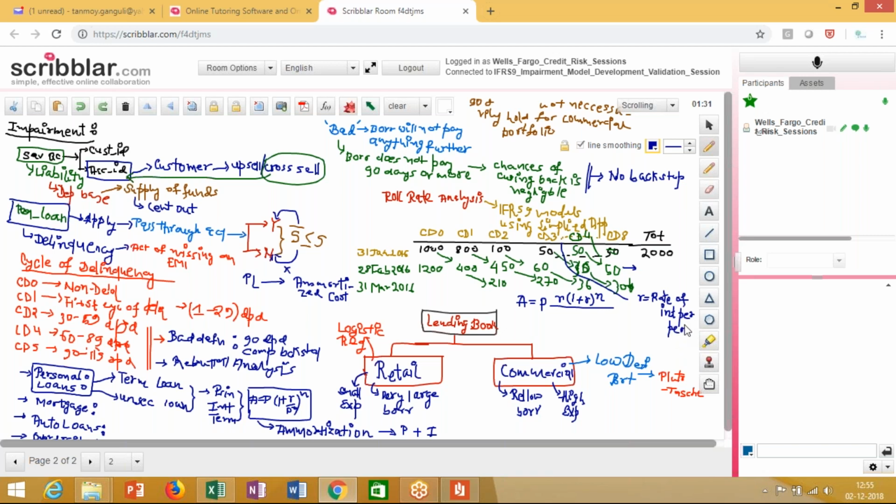Let's say there is a rate of interest of 10% on the loan, right? Now, this is being paid over 12 months. So every month you are paying an EMI, right? So the N over here is 12, and the rate of interest per period becomes 10% divided by 12. So 10% is 0.1, and 0.1 divided by 12 is your rate of interest per period.